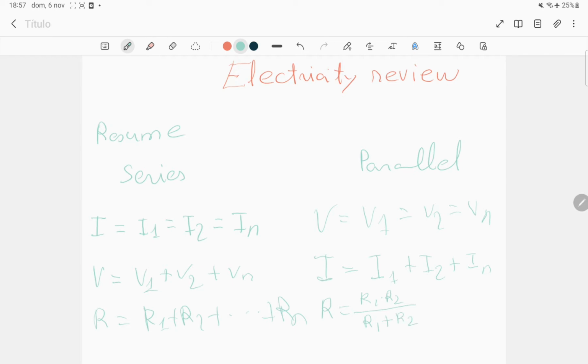But if we have more than two, it is 1 divided by RT is 1 divided by R1 plus 1 divided by R2 plus 1 divided by Rn. So this is the resume.